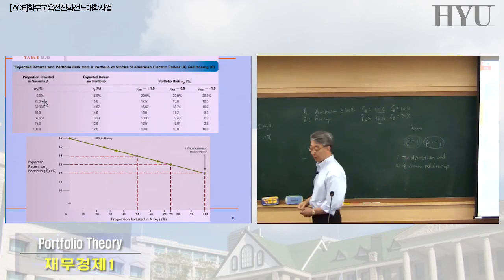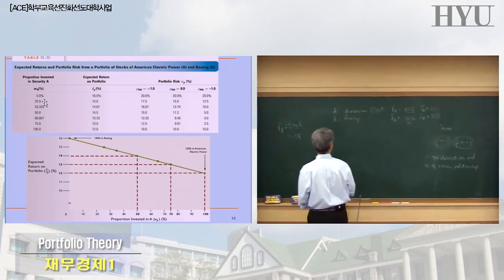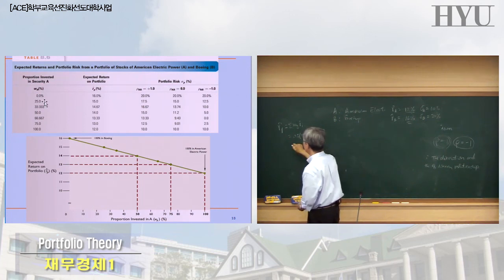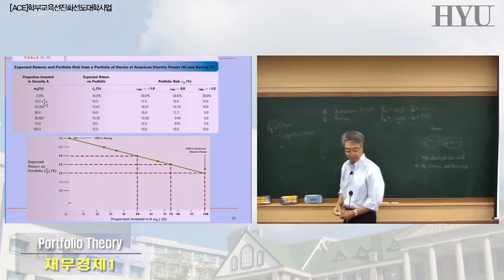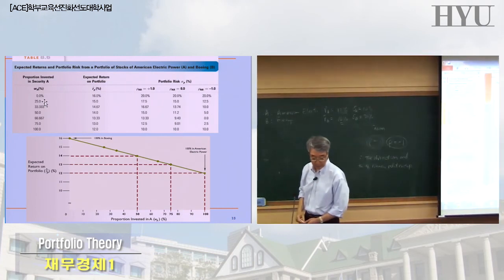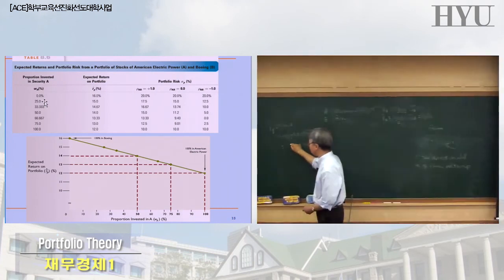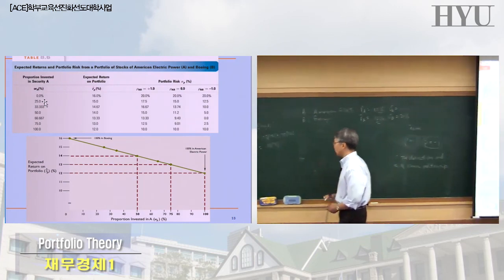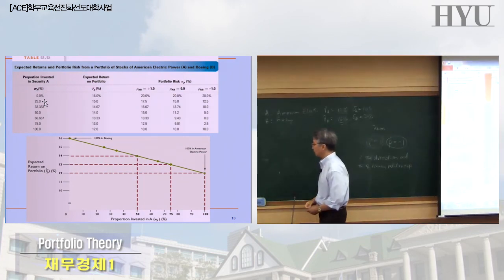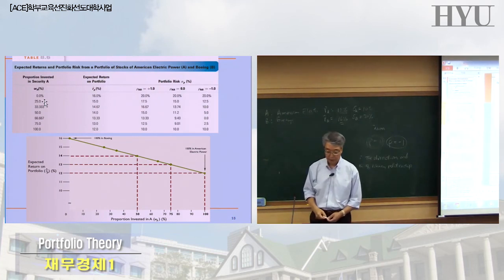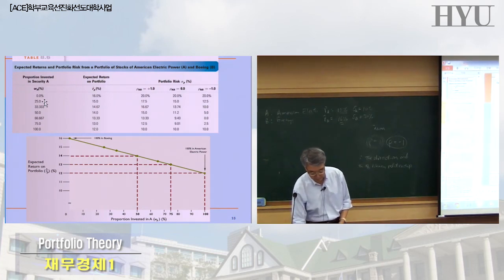Yeah, the second line is 0.25 in A, right? So 0.25 times 12 plus 0.75 times 16. That's going to be 15%. Is that right? Okay. So that's how they calculated 15%. Expected return for this second line is 15%.